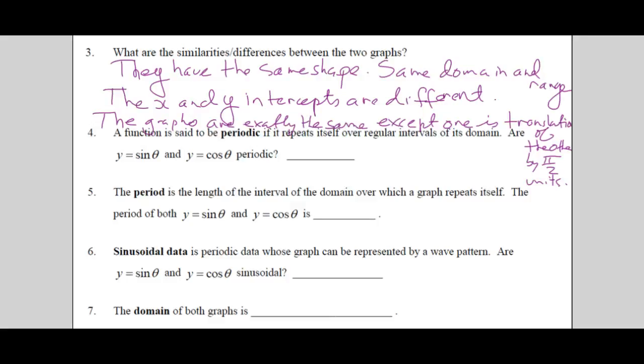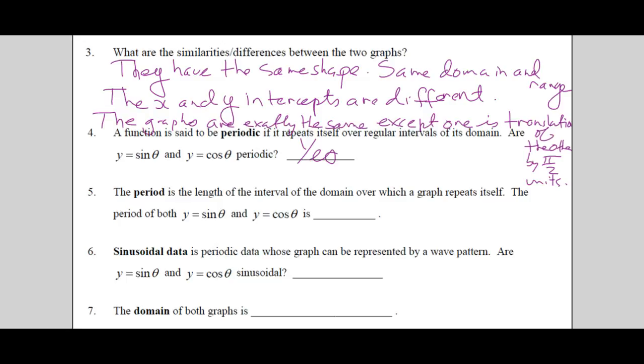A function is said to be periodic if it repeats itself over regular intervals of its domain. Are these functions periodic? Yeah, they're going to keep repeating, right? The period is the length of the interval of the domain over which a graph repeats itself. So what's the period of sine theta or cos theta? 2 pi.